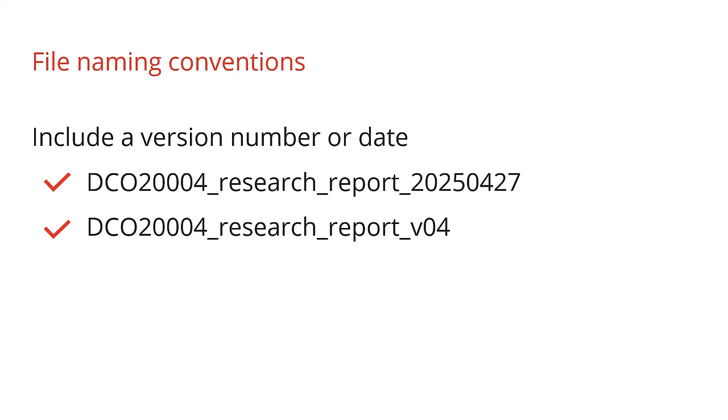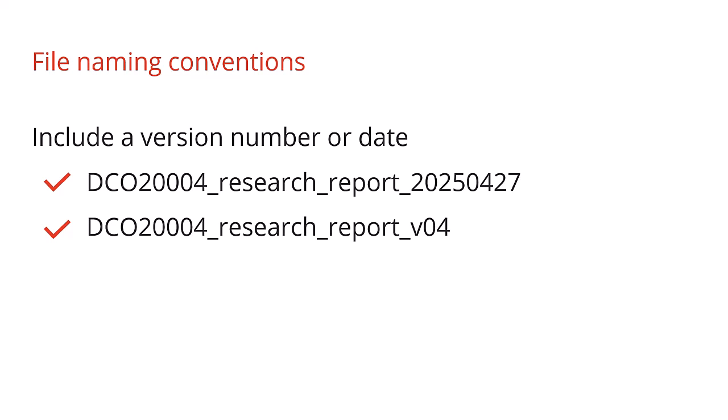So don't just put V4, put V04, version 04, because as you make more versions, if you have more than 9, for instance, it's not going to line it up nicely and chronologically anymore. You'll be going 1, 2, 3, 4, 5, 6, 7, 8, 9, and then 10, because files order themselves alphabetically, will actually tuck itself under version 1, and you don't want that. So lead with the 0.